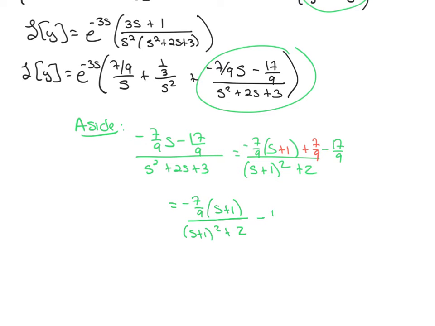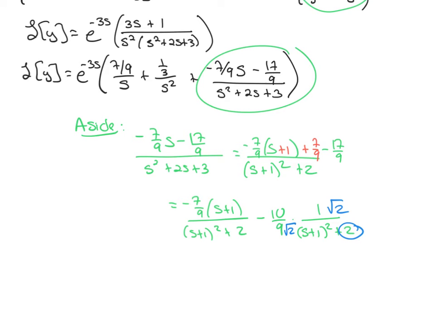And then we have minus 10/9 times 1 over s plus 1 squared plus 2. A halfway decent sine. Now remember, sine needed the square root of this constant term, so we should have the square root of 2 up there to make it a true sine. So we need to multiply by 1 over square root 2 on the outside to make it compensate.